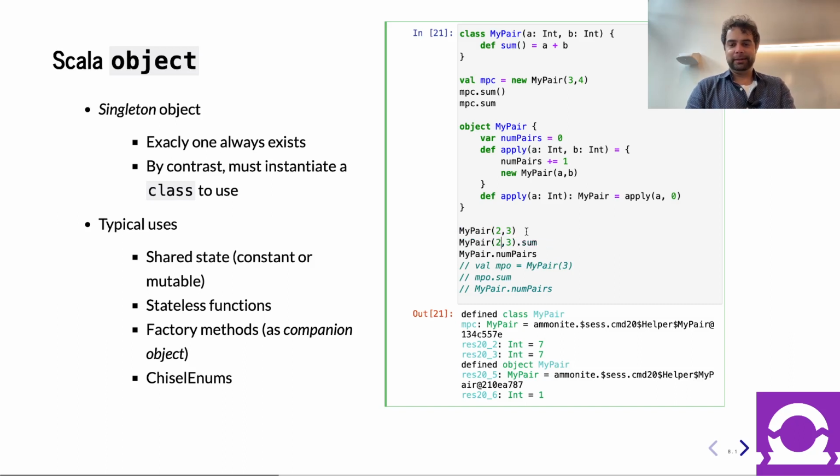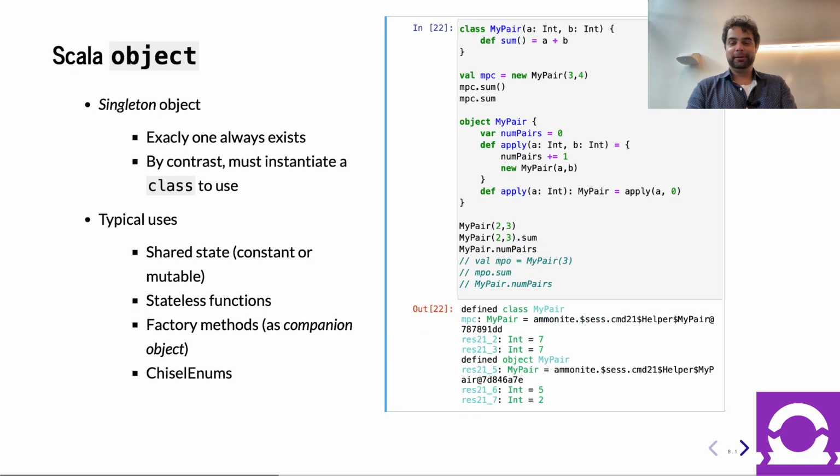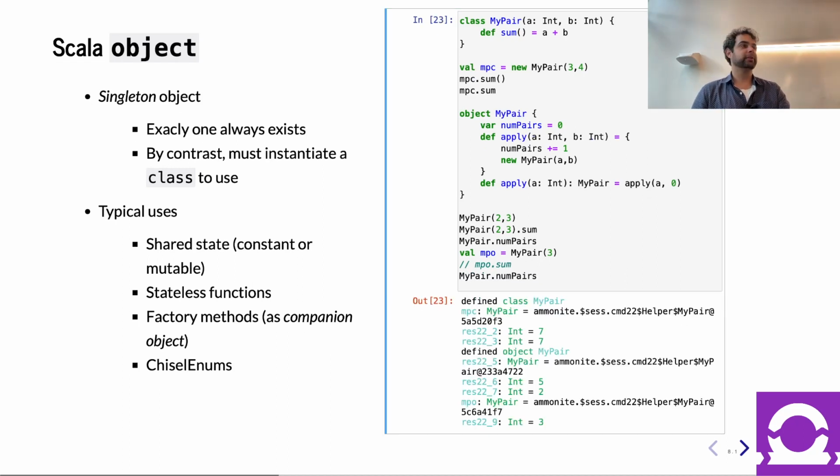This other line is making a new counter with the factory method again. So this is an instance that was produced that we did nothing with. We let it fly off into the ether. It's going to be garbage collected eventually. This is making a second instance. That's why now num pairs is 2. We can actually save the instance in a val, a reference to it, and even now we're going to have 3 instances, of course. Cool. Questions?